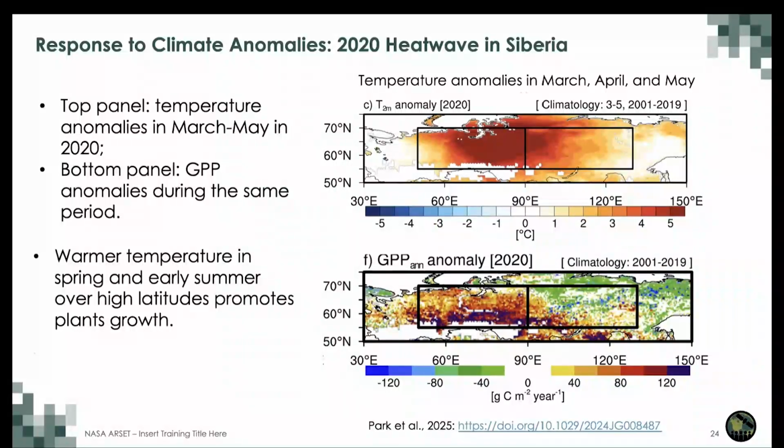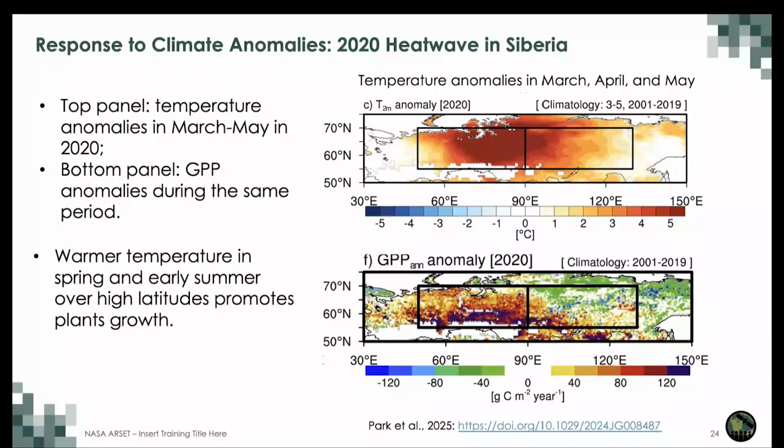But corresponding to these warm temperature anomalies, we can see this increase of productivity. This is based on the GOSIF GPP products. So this indicates that warmer temperature in the high latitude in springtime actually promotes plant growth.